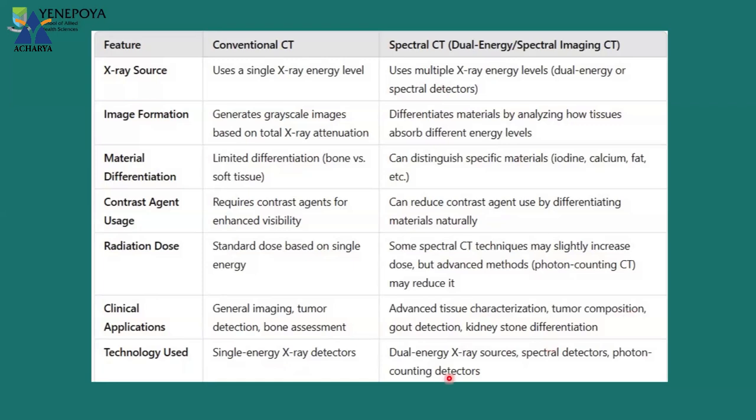These are the technologies I've already spoken about, which are different from conventional CT. So this whole slide will give you a picture of how spectral CT is different from conventional CT, and a better understanding of spectral CT as well.